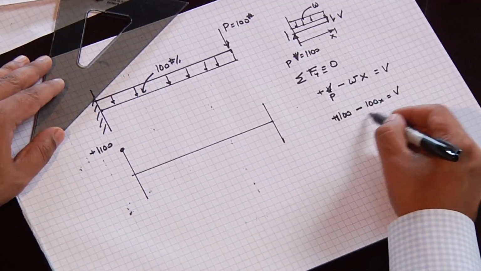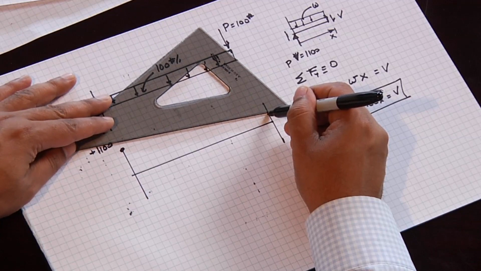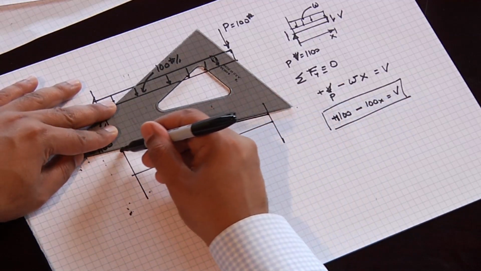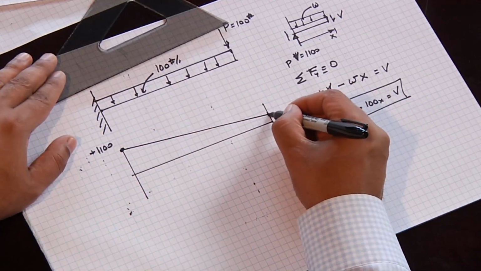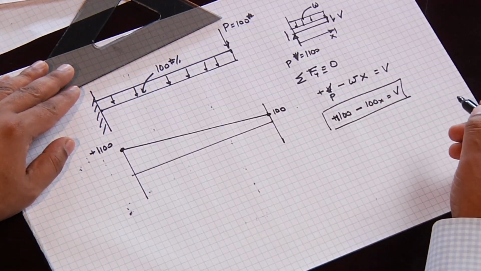What's going to happen, this is a linear diagram, is your shear diagram is going to look like this. It's going to be a linear diagram, and then when it reaches here, this will be at 100, and then it will drop to 0.